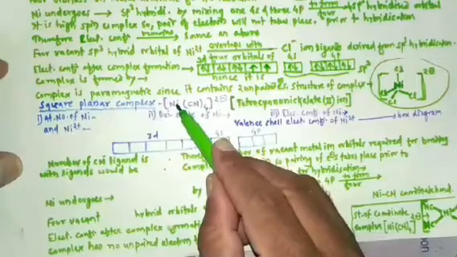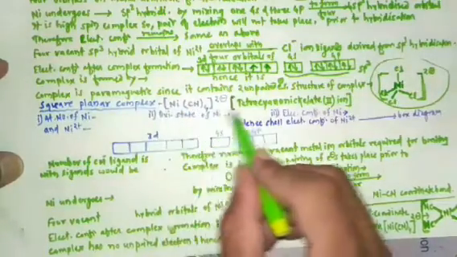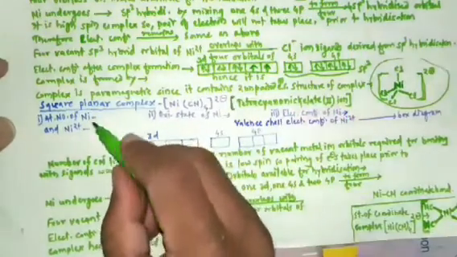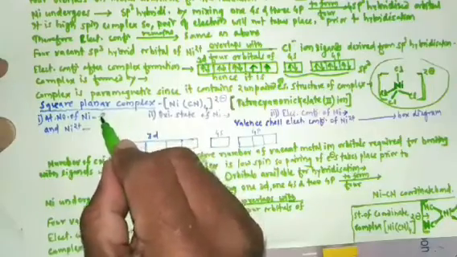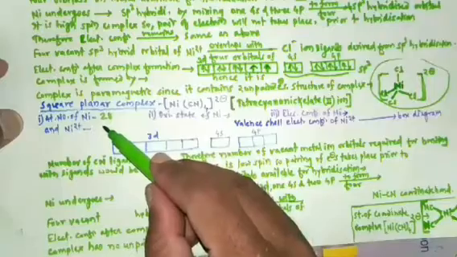On nickel there is a +2 charge. So let's study the structure of tetracyanonickelate(II) ion. The atomic number of nickel is 28, as we just studied.